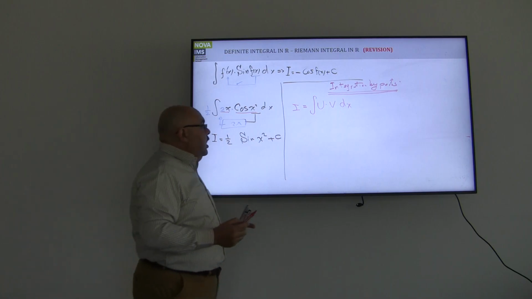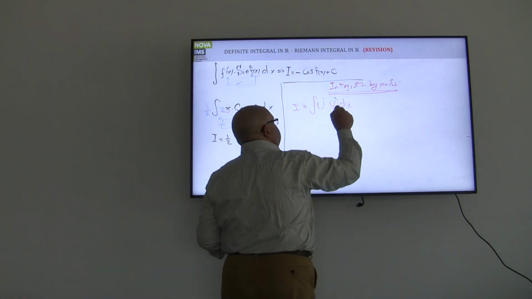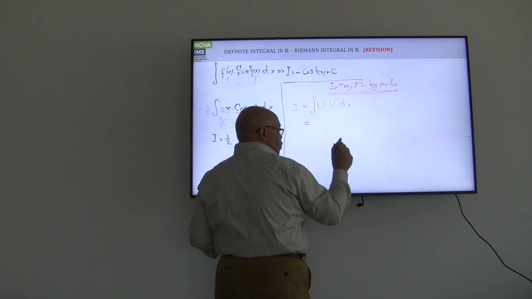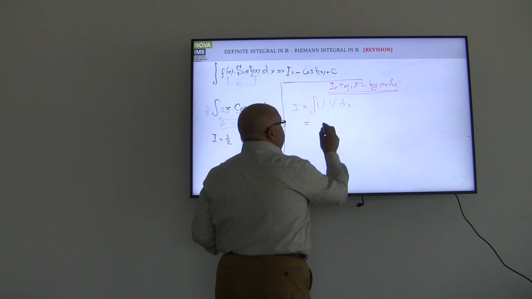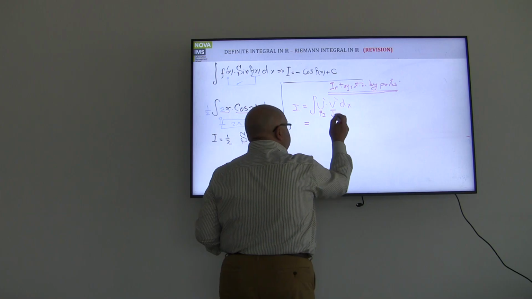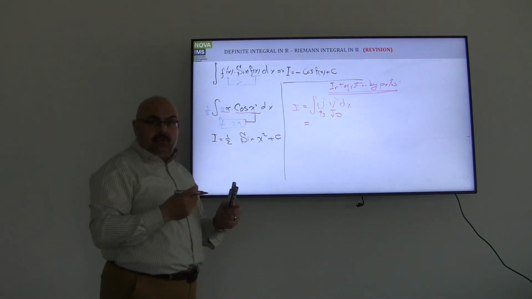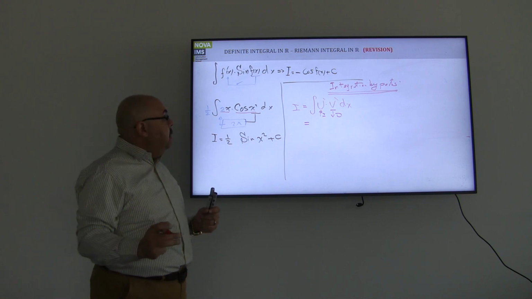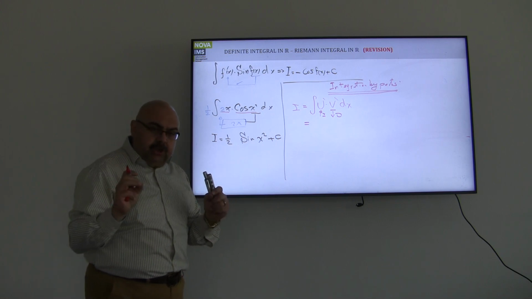For example, if I have u dash times v dash and I want to integrate, I usually like to do it this way: I will choose one of these functions to be integrated and the other function to be differentiated. I will start with the integration first.